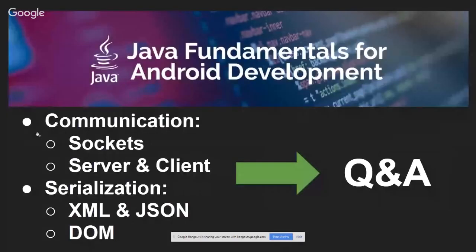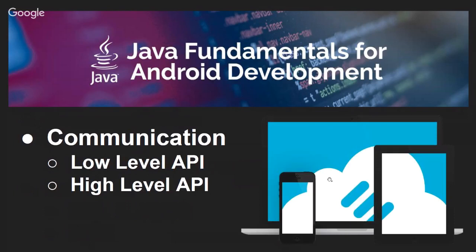Okay, the things that we reviewed on lesson 5 were communication with sockets and the server and client model, and the serialization with XML, JSON, and DOM. About the communication, we have low-level APIs and high-level APIs.